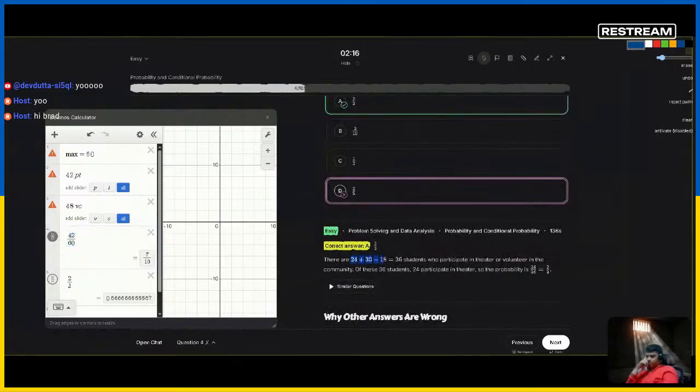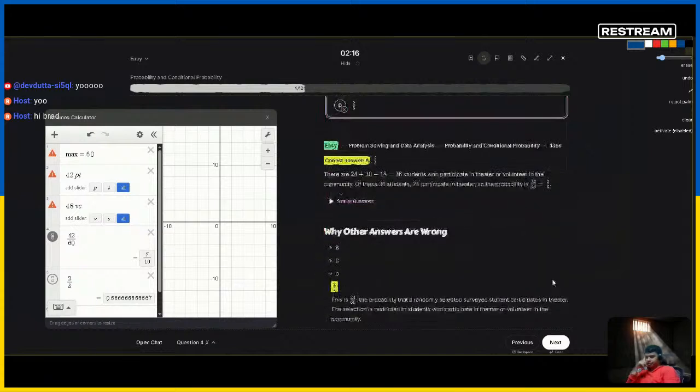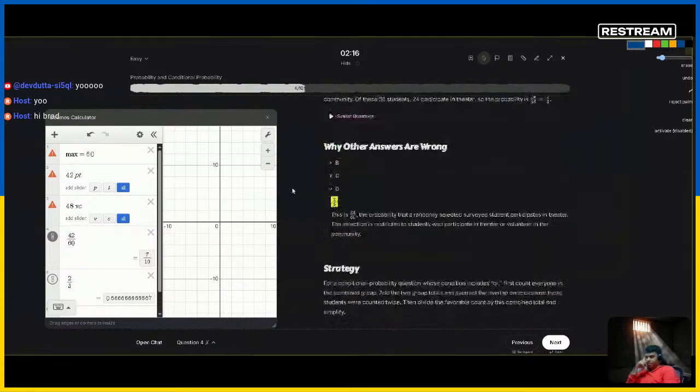These are 24 plus 30 minus 18. Who participated in theater or volunteered in the community? 24 in theater, so the probability is... Wait, why did we minus it?